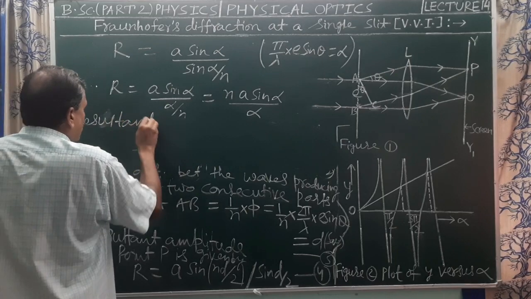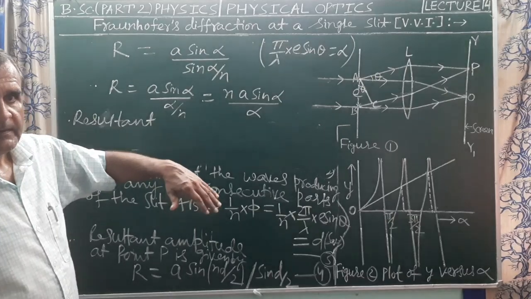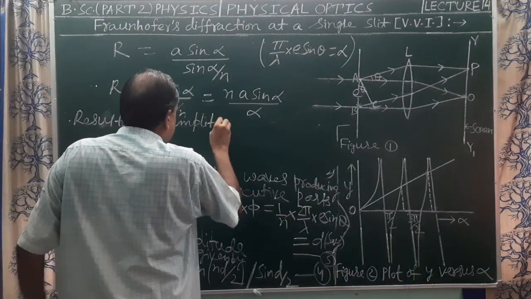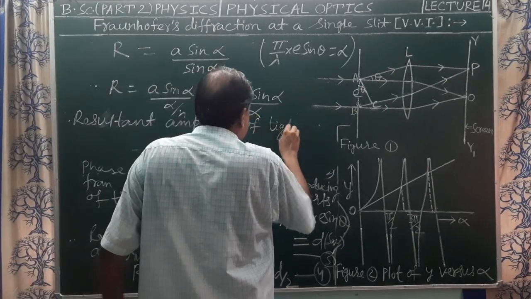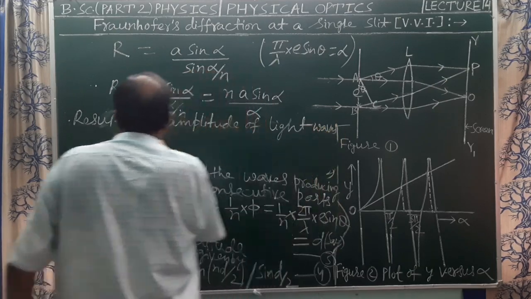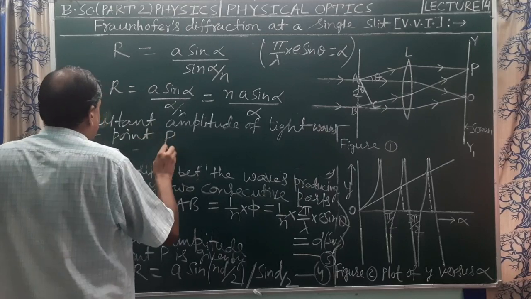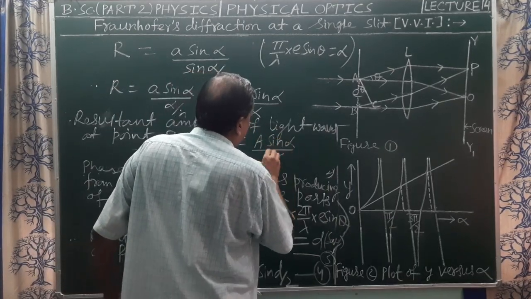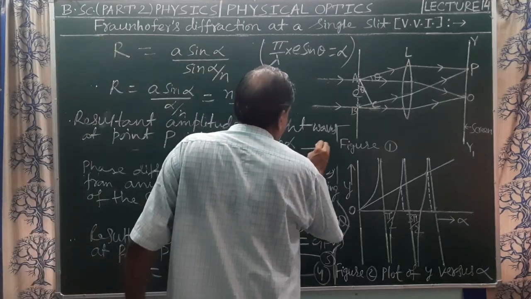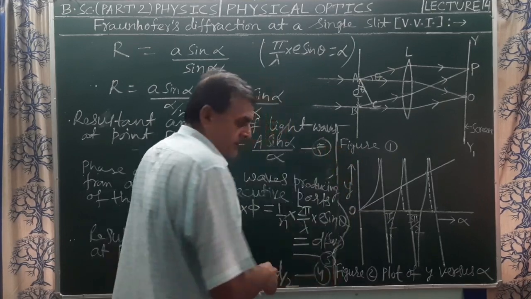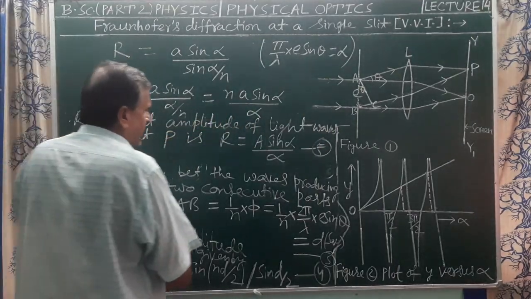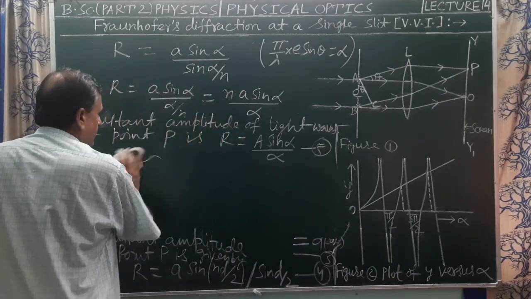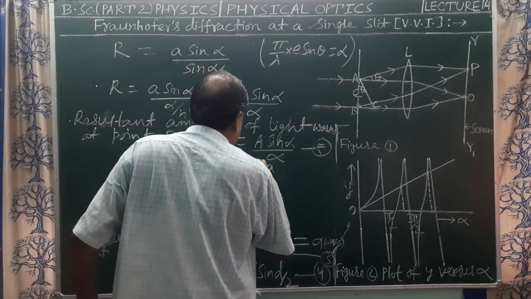The resultant amplitude of the light waves meeting at point P after being diffracted through angle theta from the single slit is capital R equals capital A sin alpha upon alpha, and suppose it is equation number 5, where we have taken small n into small a equal to capital A, that is the total amplitude of the light.